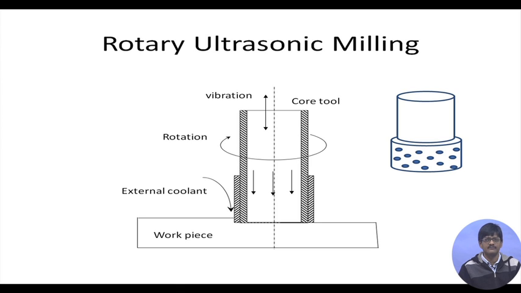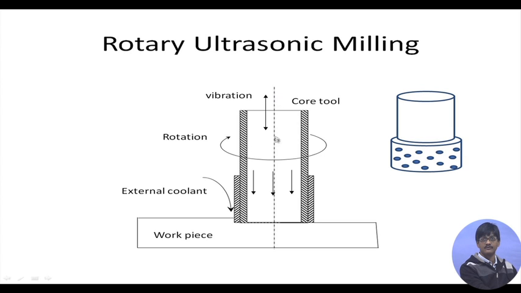It is not exactly of that type. So, let us have a quick look at what it looks like. This is the isometric view. There is a core tool which is rotating and vibrating, and there are abrasives here on the periphery.